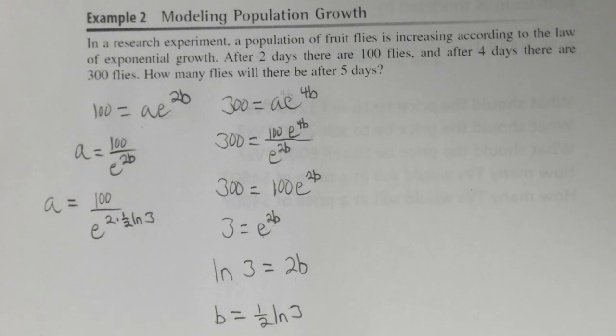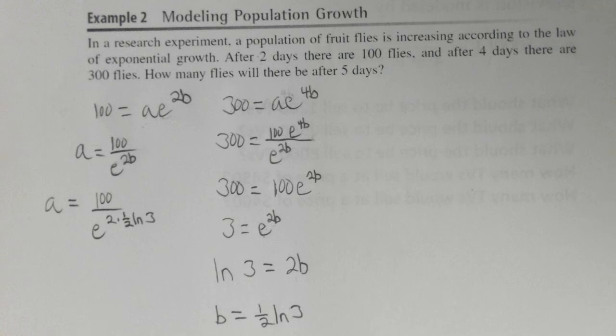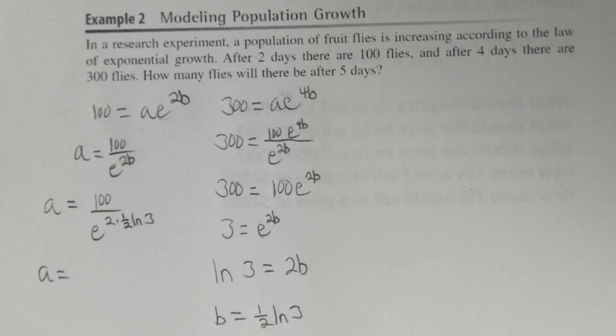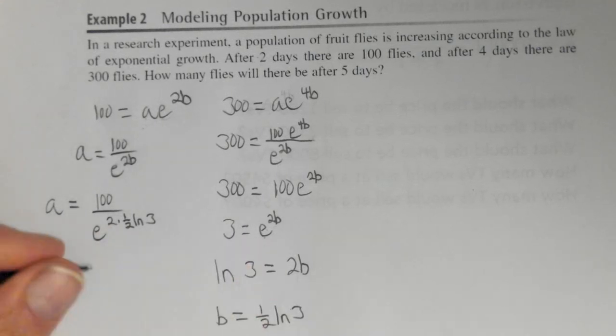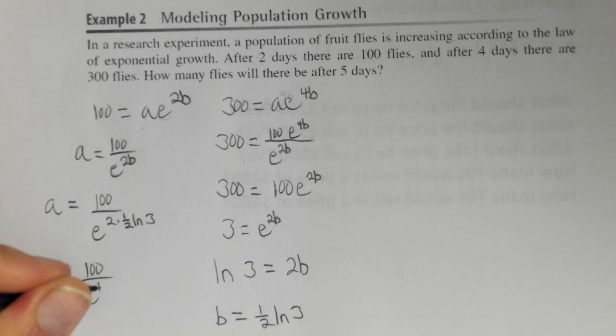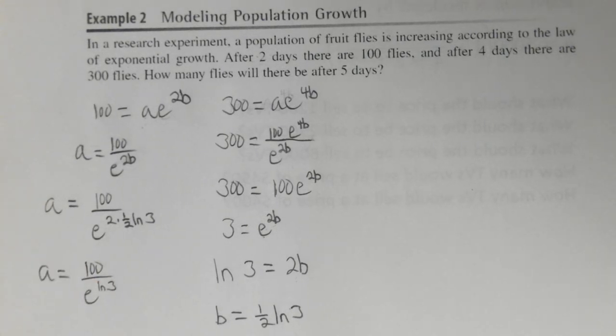Alright, that looks a little bit cleaner than just plugging in a decimal that we've already rounded off, so it's more accurate as well. Alright, so now let's see what kind of simplifying we can do here. I know that half of 2 is 1, so we'll go ahead and write that. 100 over e to the natural log of 3.